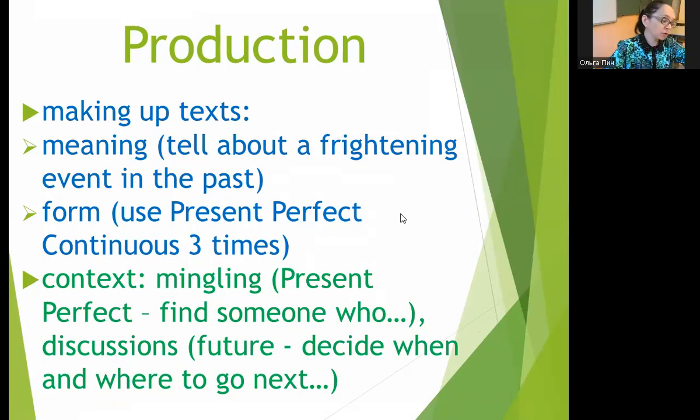For instance, to present ways of expressing future, you can ask students to discuss in pairs when and where to go next Sunday, or how and when to celebrate, say, New Year or any other upcoming holiday.